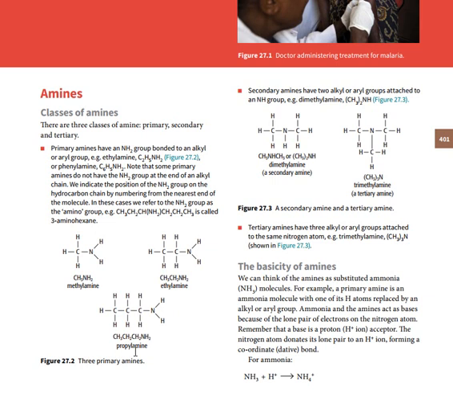The point to note is: what is a base? According to Bronsted and Lowry, as you have seen in acid-base, a base is a proton acceptor and an acid is a proton donor. Here we are trying to find if this base is going to be a proton acceptor.